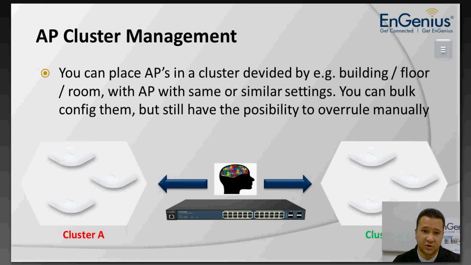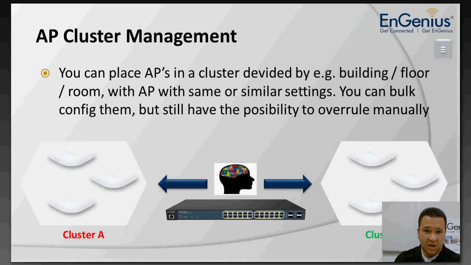Especially if you have a lot of access points, you don't want to configure them one by one. And most of the time you will have groups that have the same settings, or mostly the same settings, and if you configure one cluster, you configure all the access points at the same time.